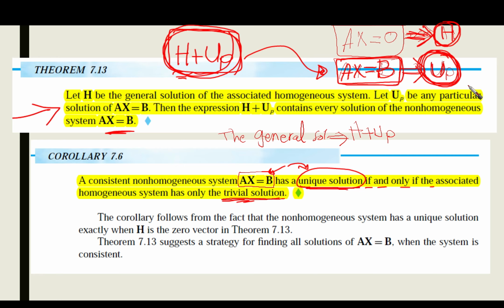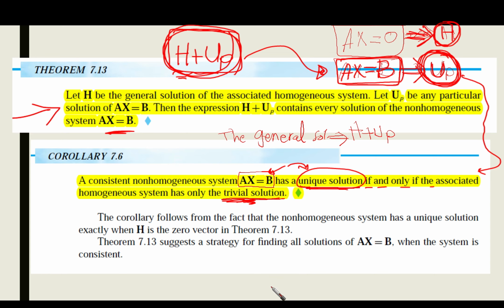The answer is we should look at the associated homogeneous equation. If it has the trivial solution, and we know how to check that for the homogeneous system from the previous video, then AX equal B is going to have a unique solution.